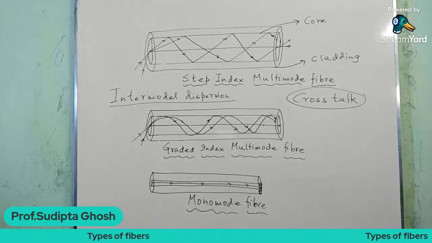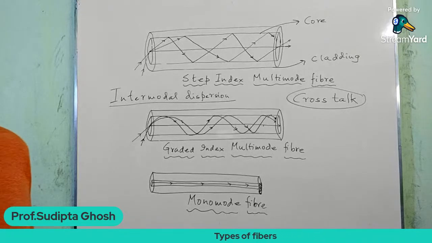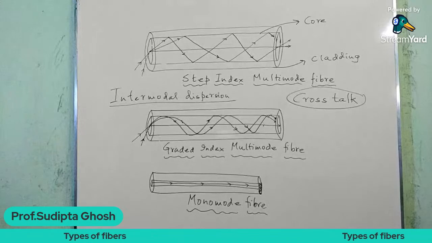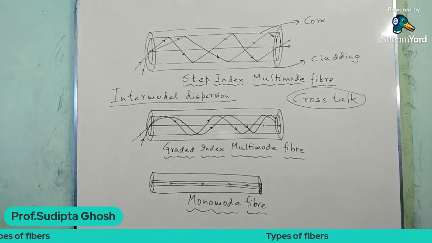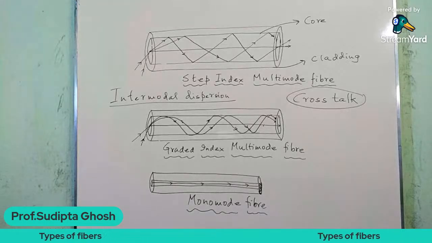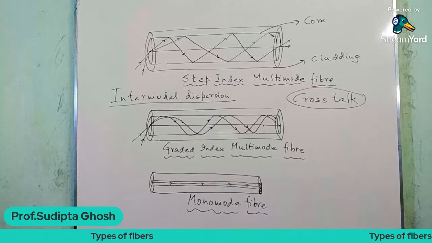However, crosstalk is also there in today's optical communication, because if a fiber is bent sharply, the angle of incidence at the core cladding interface may become less than the critical angle.